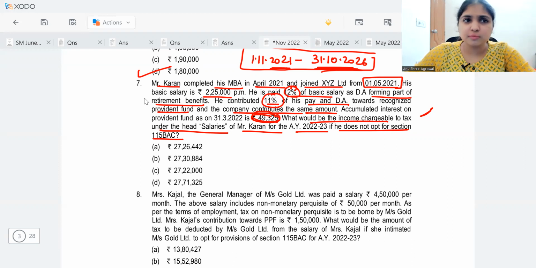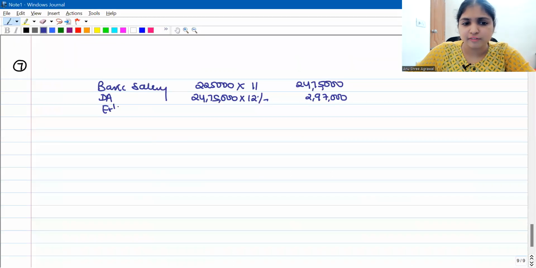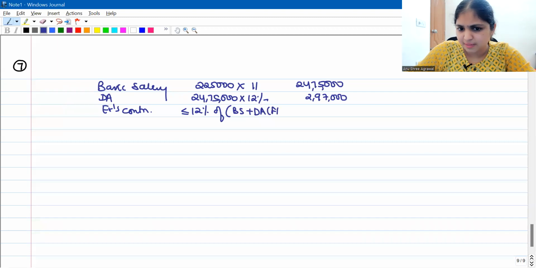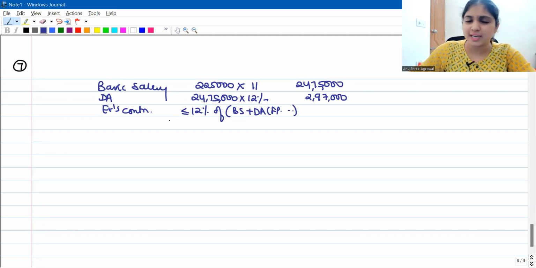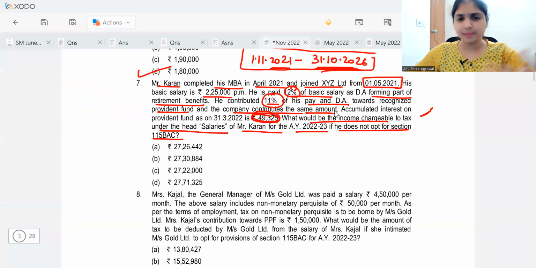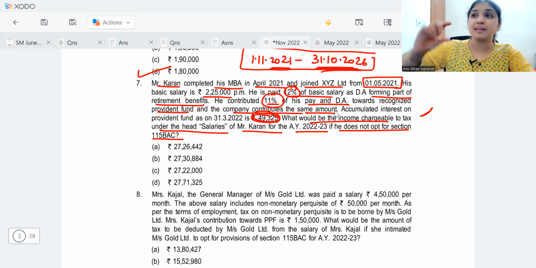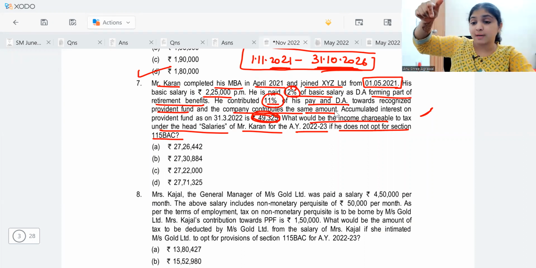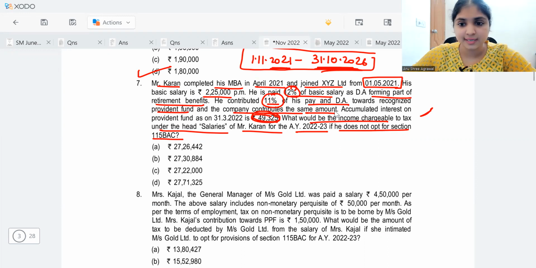Even the employer's contribution is within 12% of salary, that is basic salary plus DA forming part plus turnover based commission. It is only 11%. So even here, employer's contribution part also will not be taxable. You're aware of this. Employer's contribution, if it is more than 12% of salary, then the excess over and above 12% is taxable under the head salary.